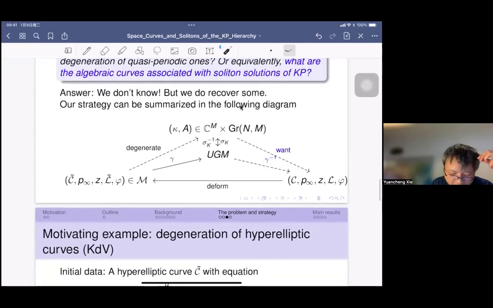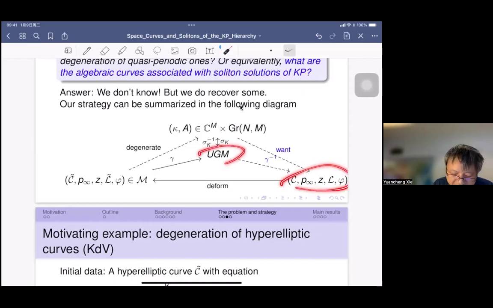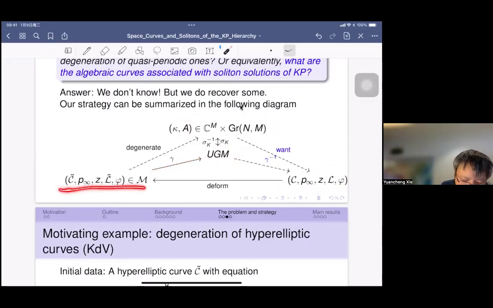Okay, and here is how we do it. Since we can embed all the soliton solutions and also the quasi-periodic solutions into the universal Grassmannian, we'll use the universal Grassmannian as the main tool for this study. So first, we'll embed this data from soliton solutions into the universal Grassmannian. And we know that if we have a smooth algebraic curve, we can use the Krichever map to map the data from a smooth algebraic curve into the universal Grassmannian.